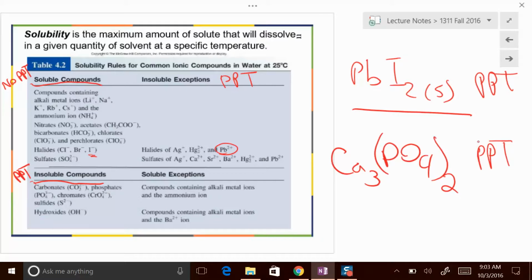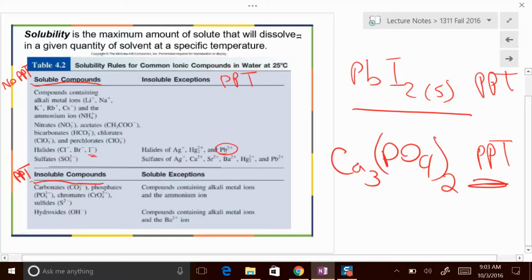Where are the alkaline metals? First column. Lithium, sodium, potassium, rubidium, cesium. Those are the alkaline metals. Is calcium, Ca, an alkaline metal? No, it's an alkaline earth metal.